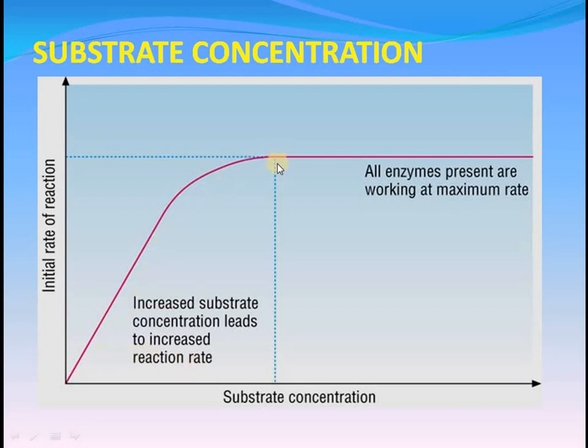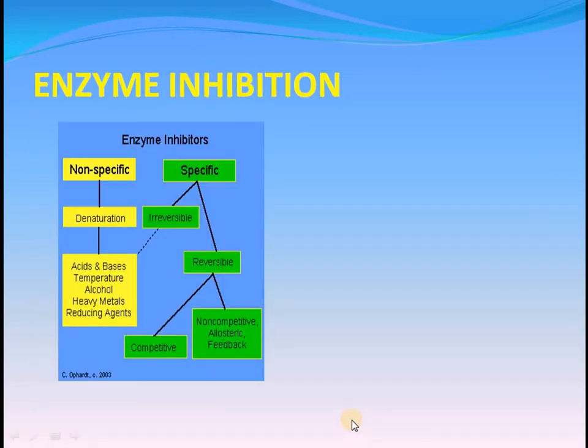But after getting the optimum level, and when there is a certain increase in substrate, it will not affect the rate of reaction, as all enzymes are working at maximum rate. When all enzymes are working there, increasing the amount of substrate as such has no benefit.